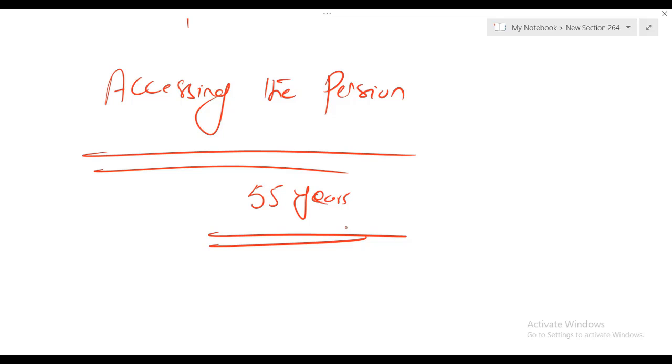Now the next question is, how do we get pension in UK? How do we extract pension funds in UK? That is very important. When someone reaches pension age, 55 let's say, then how is that individual going to get the pension benefits?